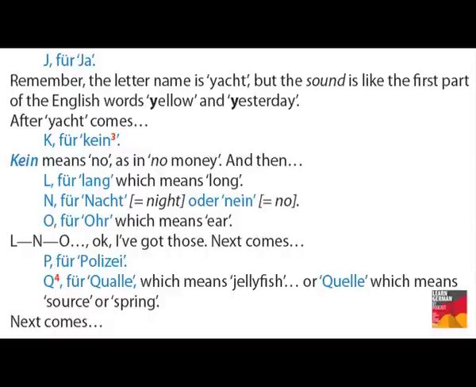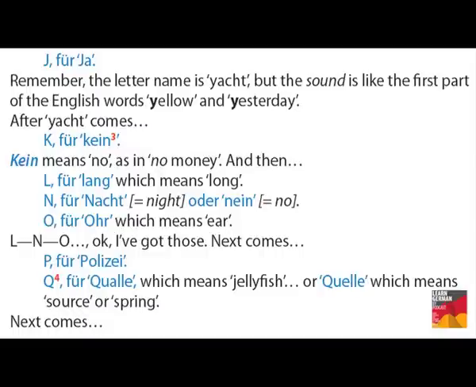And then L für lang, which means long. N für Nacht oder Nein. O für Ohr, which means ear. L, N, O. Okay, I've got those.